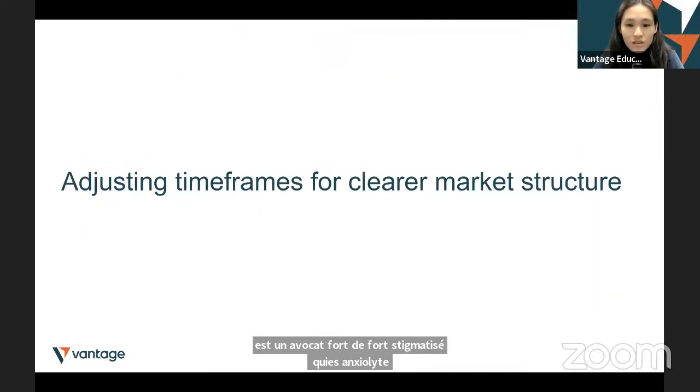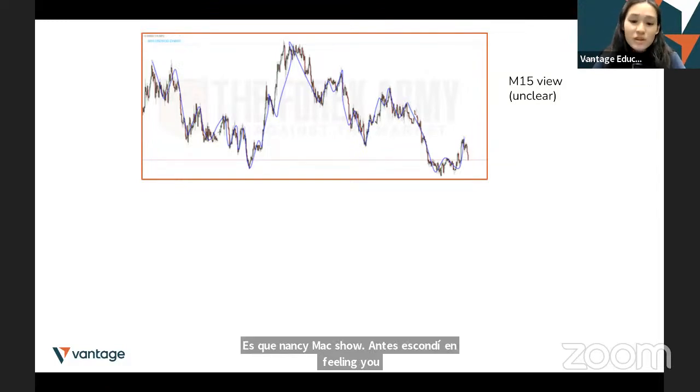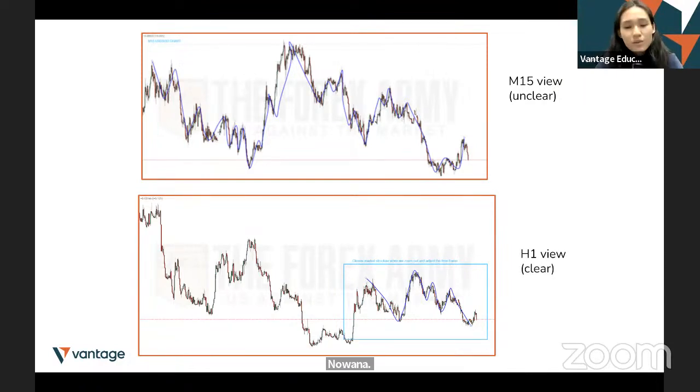This is just to show you how we can adjust timeframes for a clearer market structure. Over here we can see it's a pretty messy market structure, and this is on the M15 view. Now if we take a look at the 1 hour view, as we mentioned earlier, we want to stay away from 15 minutes typically because there is so much noise.